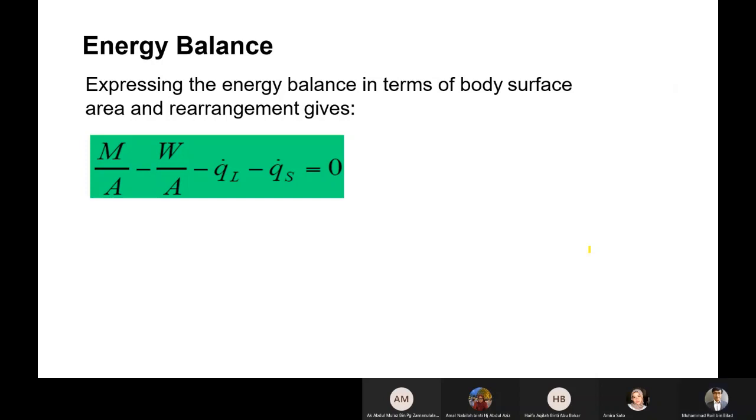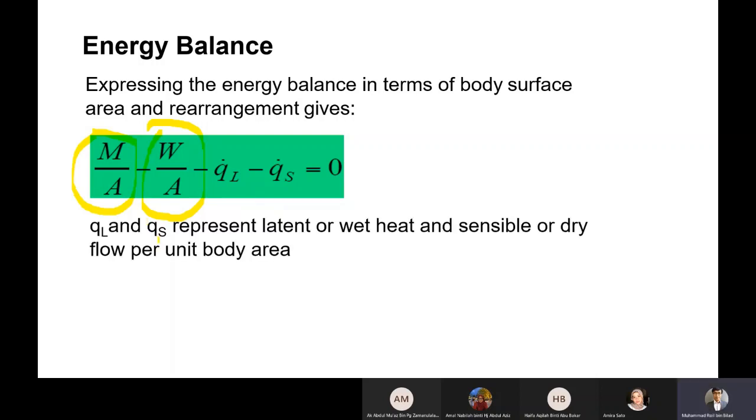So now we want to look into energy balance. We know what is M over A, we know what is work over A, okay? And next we want to know what will be the Q loss, heat loss.